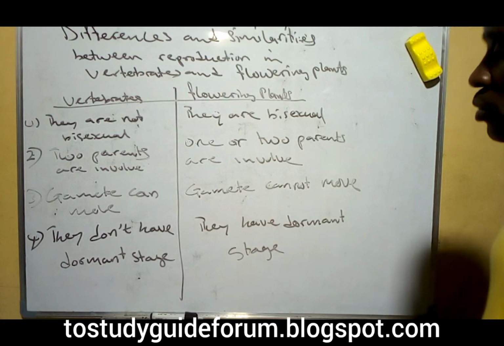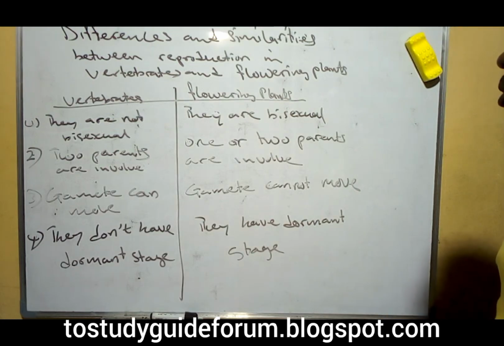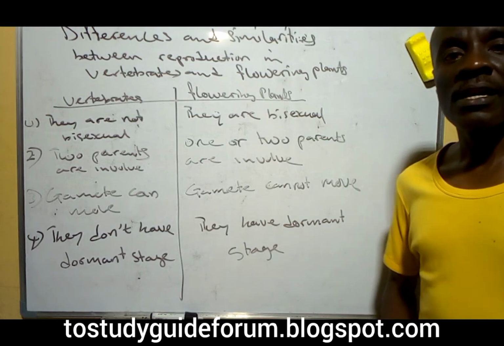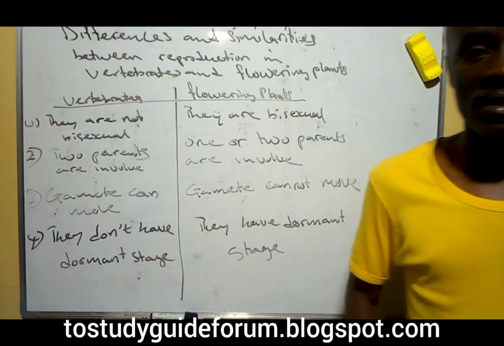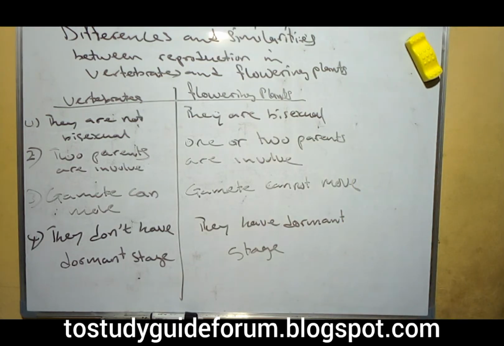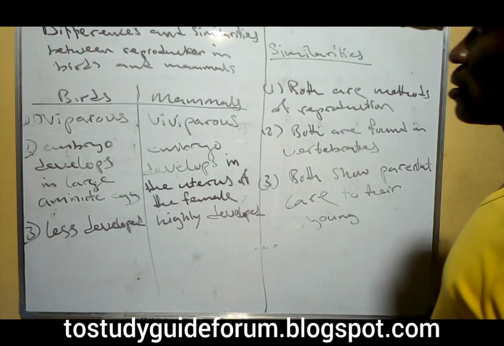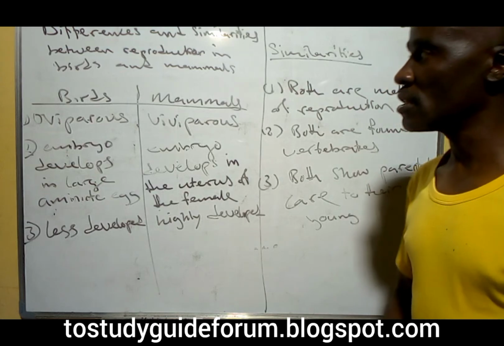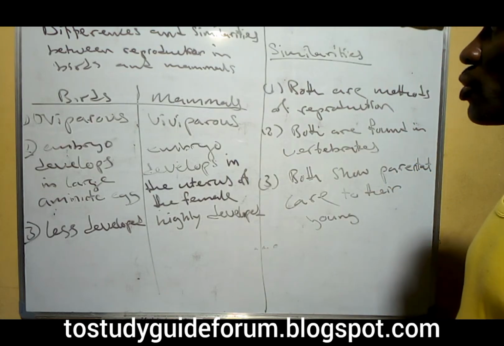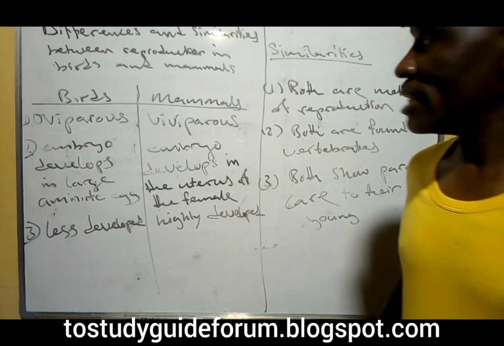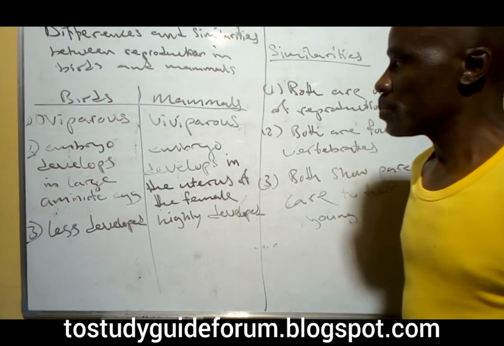So the next one we want to look at now, we are going to compare mammals and the birds. So the differences and similarities between the reproduction in birds and mammals.